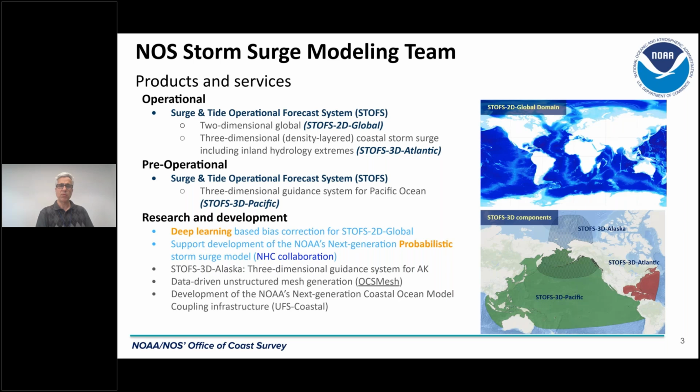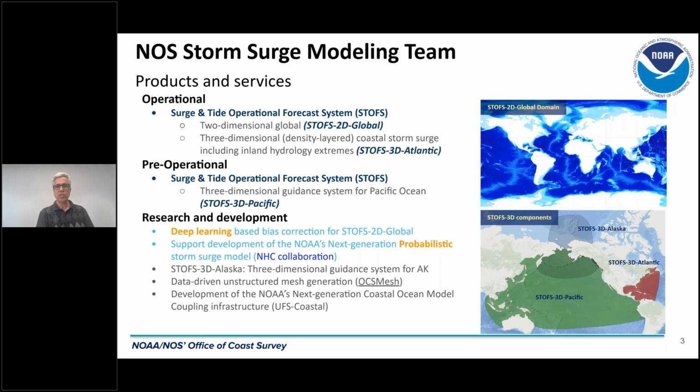Currently, we have 2 components of this modeling system in operation. STOFS 2D Global. You can see on the right-hand side on top, the blue map is basically the STOFS 2D Global region, and below that the red region is the STOFS 3D Atlantic.